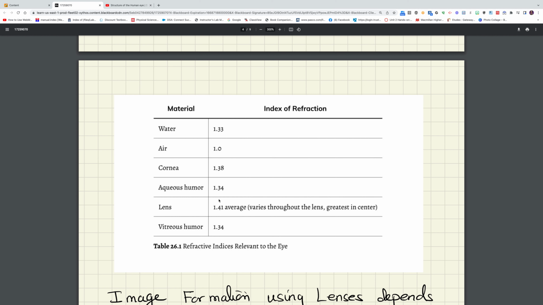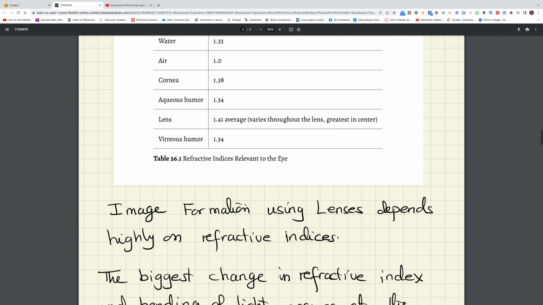Therefore, it's going to bend more. Of course, the aqueous humor has 1.34. The lens has an average of 1.41 because the thickness of the lens is not constant. It is changing. The vitreous humor is going to be 1.34.